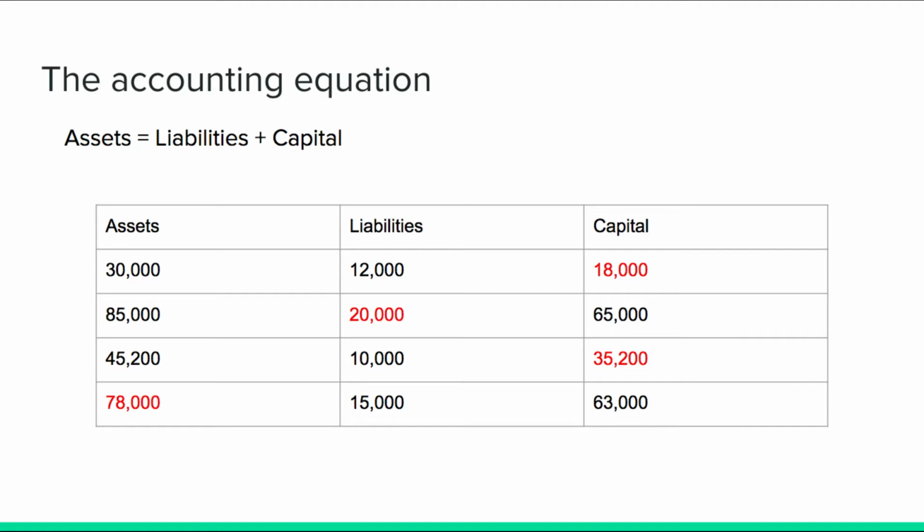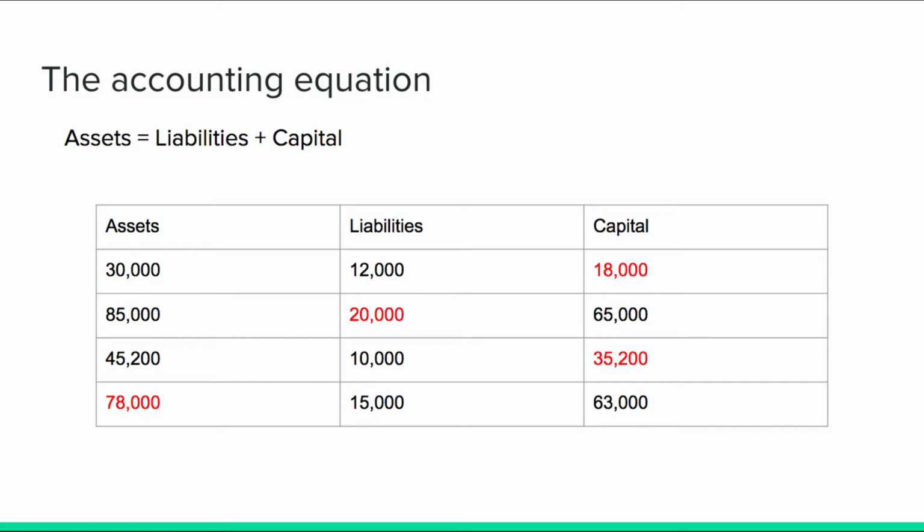If we have the value of any two of these terms, we can easily find out the value of the unknown one. In our example, let's assume that we do not know the value of capital. We have the value of assets as 30,000 in whichever currency you want to take that in. And in liabilities, we have 12,000.